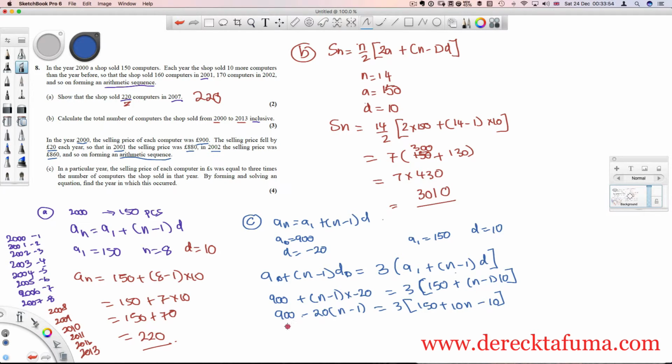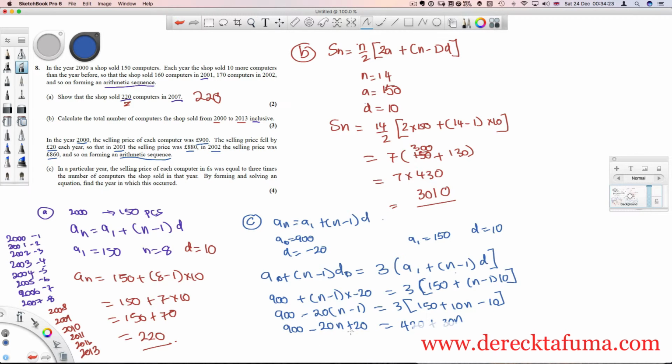Okay, so this is 900 minus 20n plus 20 equals 3 times (150 minus 10, which is 140). 14 times 3 is 42, so that becomes 420 plus 30n.